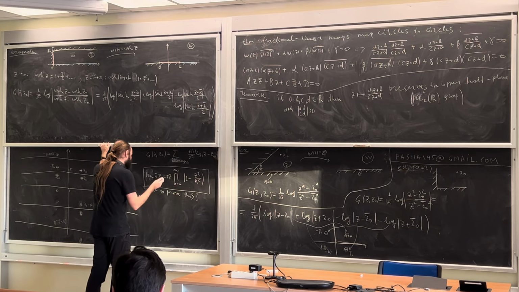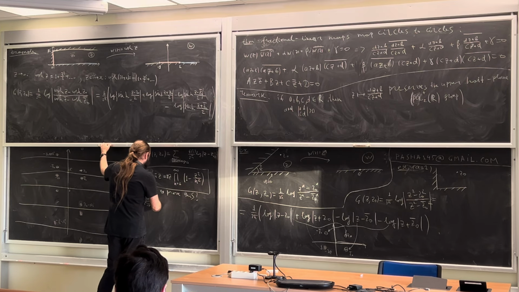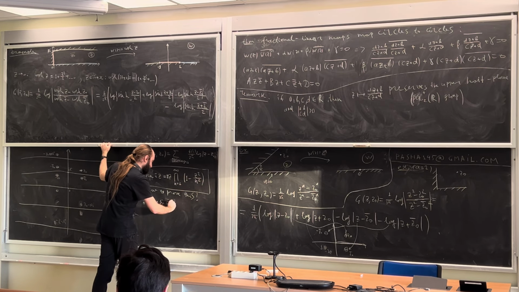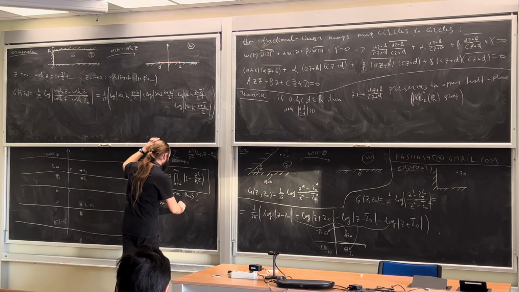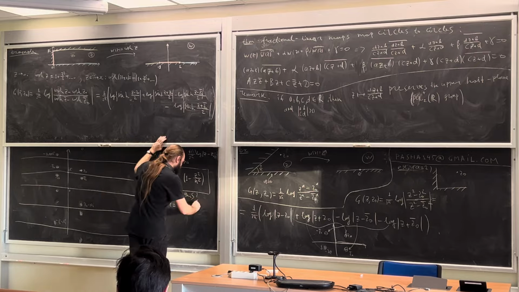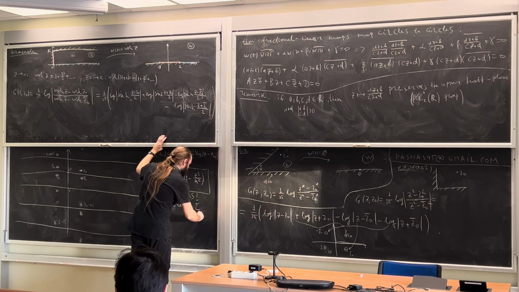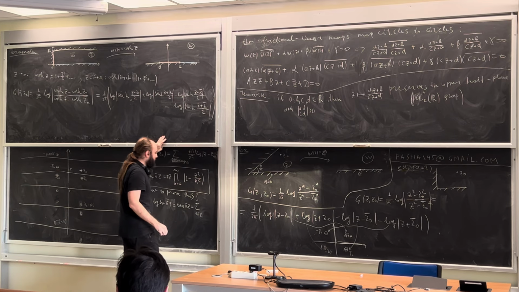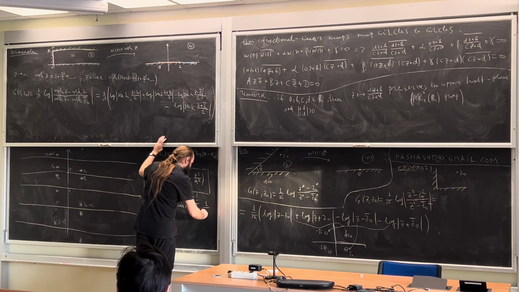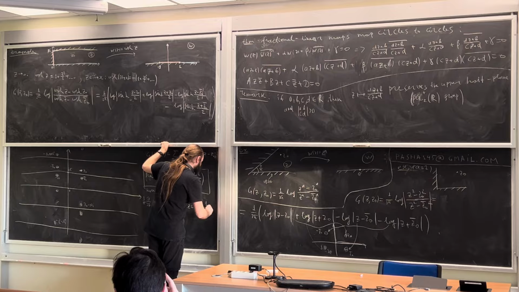An almost equivalent formulation looks like this: 1 over pi d/dz of log of sine of pi z, which is cotangent of pi z, should equal a sum over integer numbers, a sum regularized in the appropriate way.